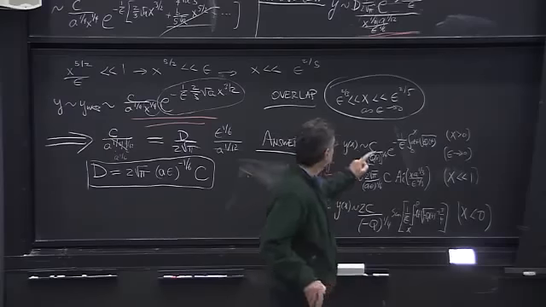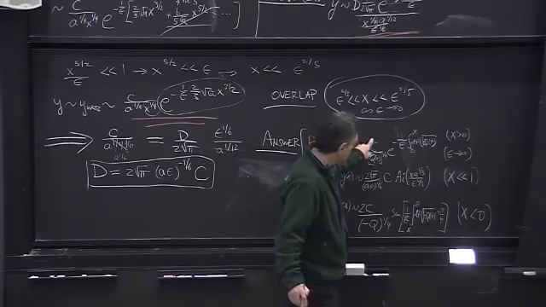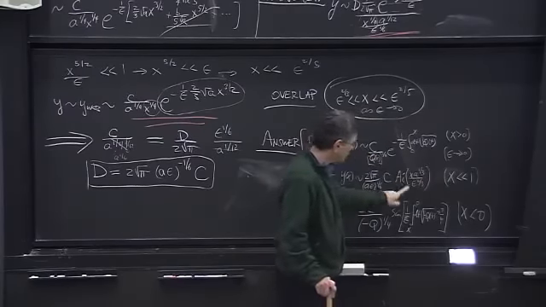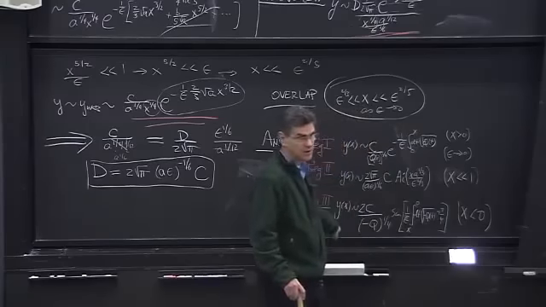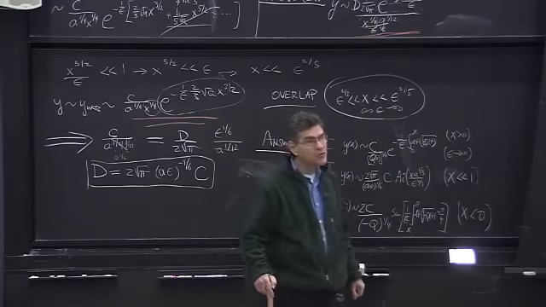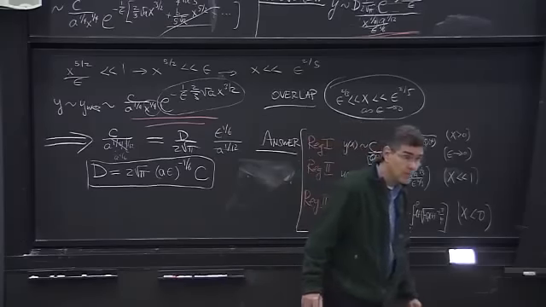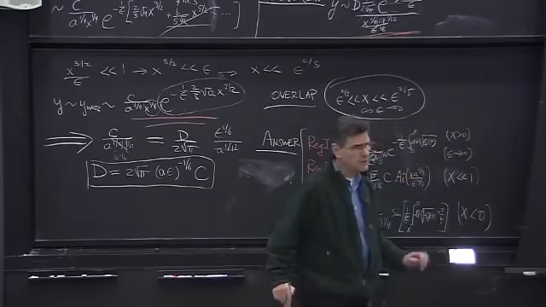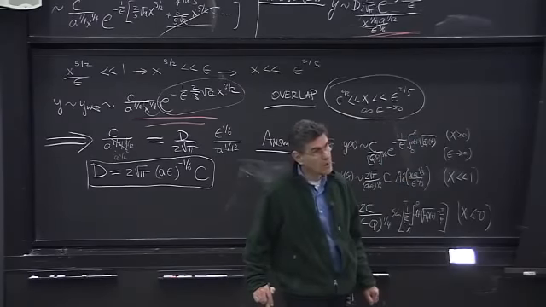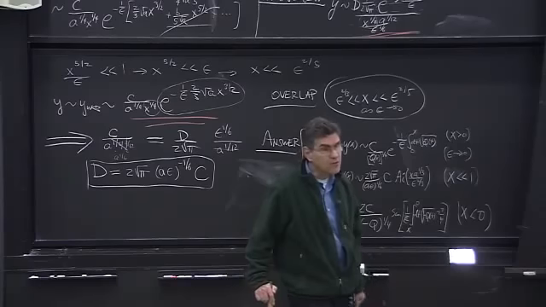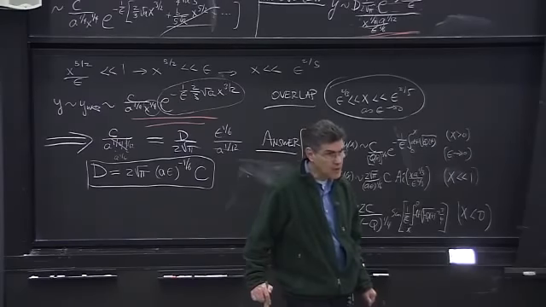Which in this region reduces to this, and in this region reduces to this, and in this region reduces to that. And that was discovered originally back in the 1930s by a guy named Langer, in 1932. And this is Langer's formula, and that's what I'm actually plotting.